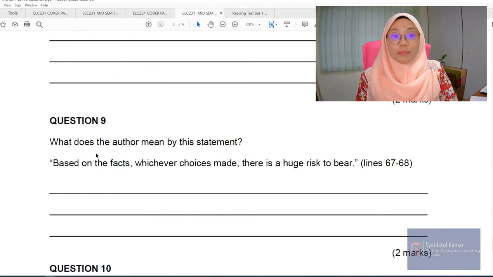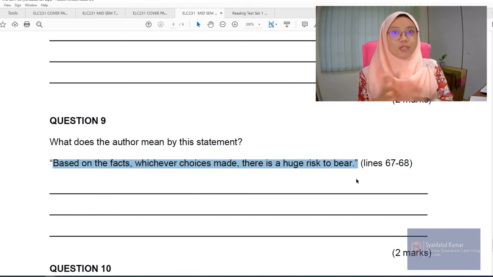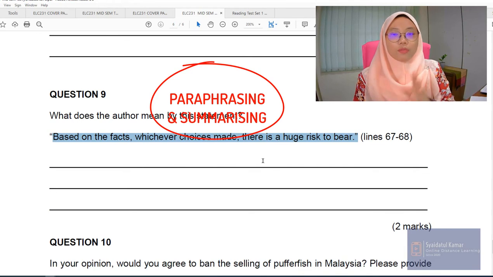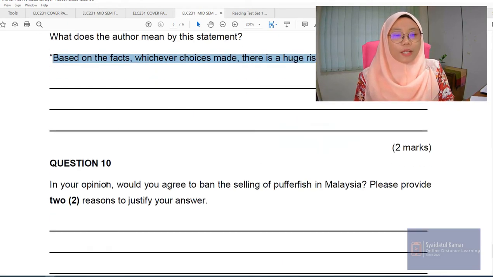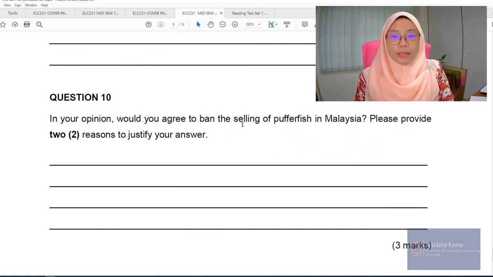And question number 9, what does the author mean by this statement? Okay, based on the facts, whichever choices made, there is a huge risk to bear. So this is also paraphrasing and summarizing technique that you have to apply here. And question number 10, in your opinion, would you agree to ban the selling of pufferfish in Malaysia?